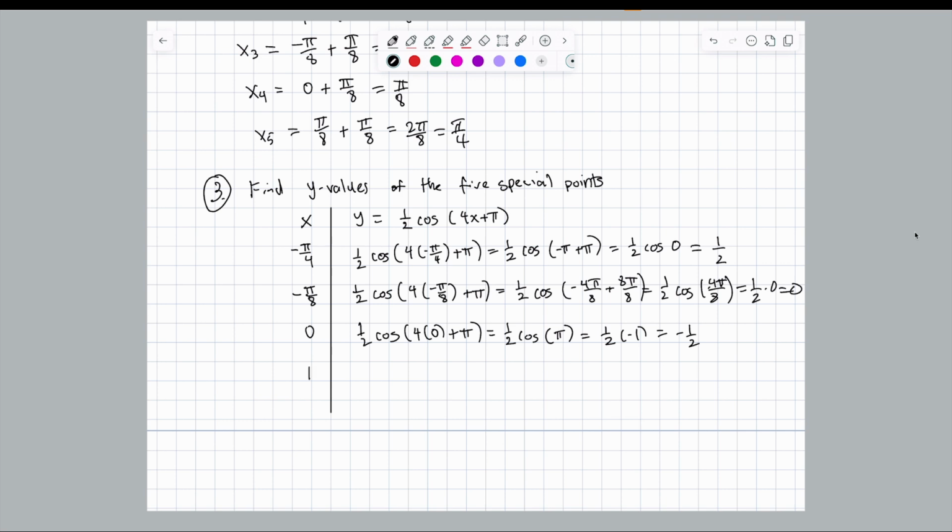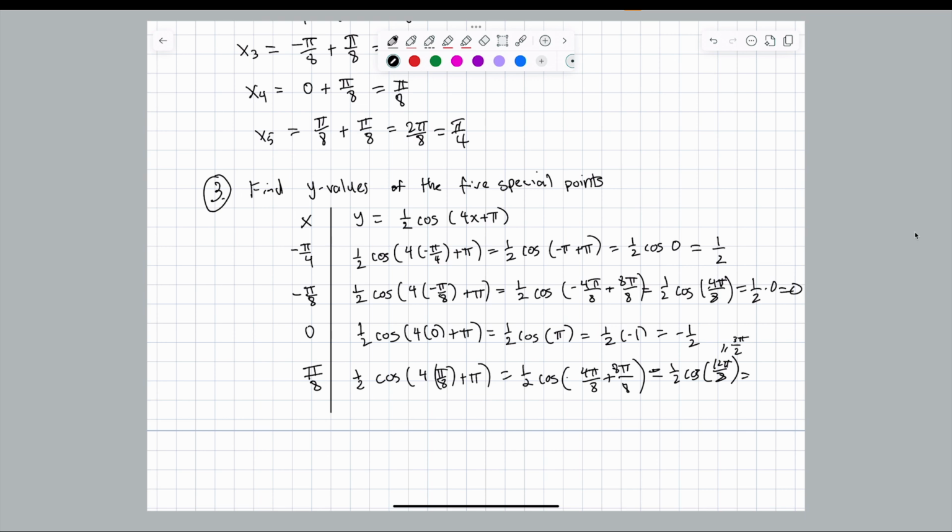Our next x value would be pi over 8. So 1/2 cosine of 4 times pi over 8 plus pi. So this is 1/2 cosine of 4 pi over 8 plus pi, which is 8 pi over 8, so this way we have a common denominator, so that's 12 pi over 8, which is the same thing as 3 pi over 2.